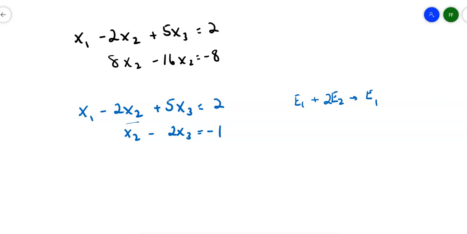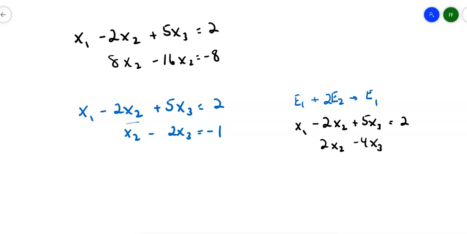So what does that look like? Equation 1 is x sub 1 minus 2x sub 2 plus 5x sub 3 is equal to 2. Multiply the second equation by 2, and I get 2x sub 2. Multiply that by 2, and I get minus 4x sub 3.